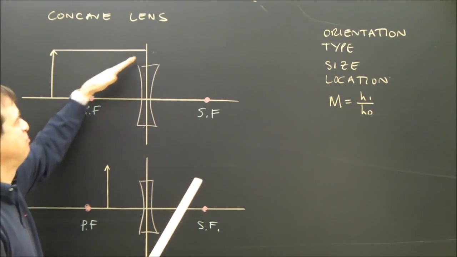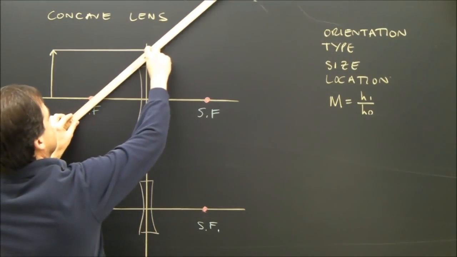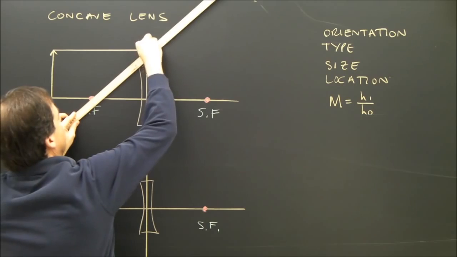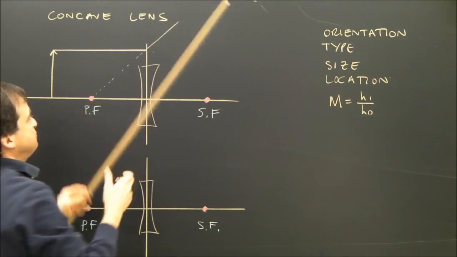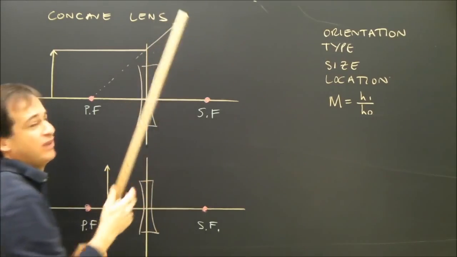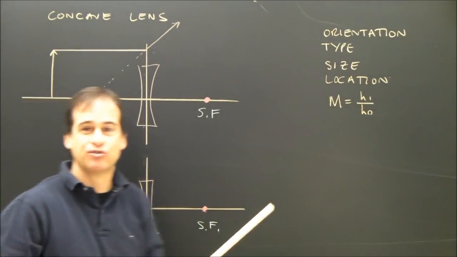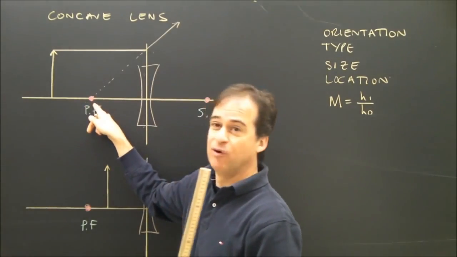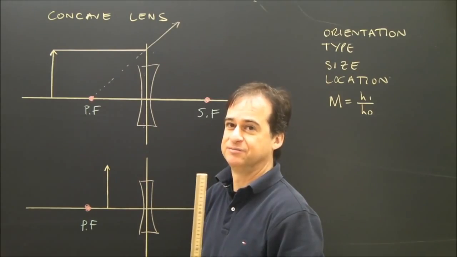So what I'm going to do is bend that ray so that it sort of goes through the primary focus. It's going to go like this, up that way, which is, if I trace it backwards, when the light goes through the lens, it bends in such a way that it goes through the primary focus. So I have to bend it and trace it back through the primary focus.